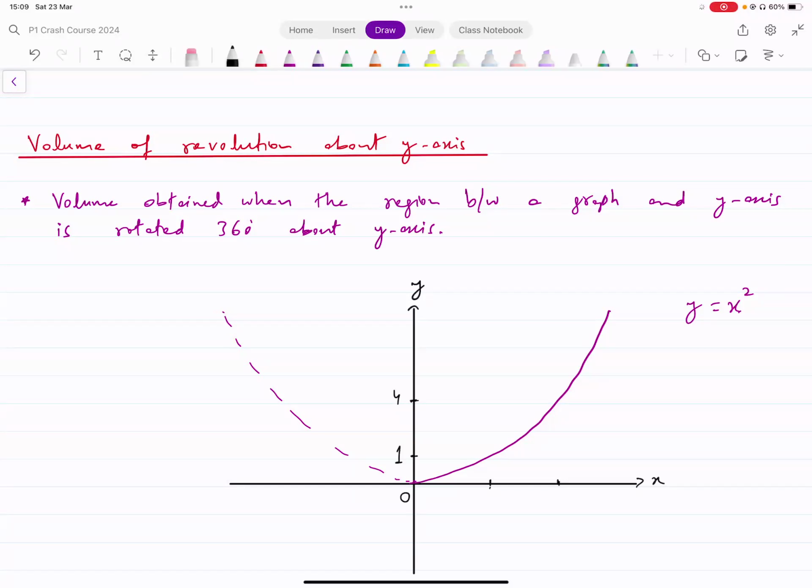Now, what does that mean? Let's consider those same 2 points again. You have point 1 here and point 2 here, x equals 1 and x equals 2. Corresponding to x equals 1 on the y-axis, you've got 1, and corresponding to x equals 2 on the y-axis, you've got 4. And now what you want is to look at the area between the graph and the y-axis between these 2 points.